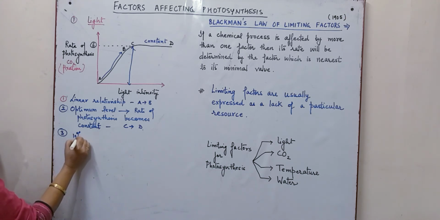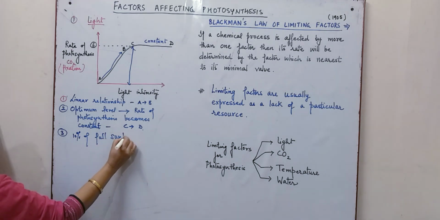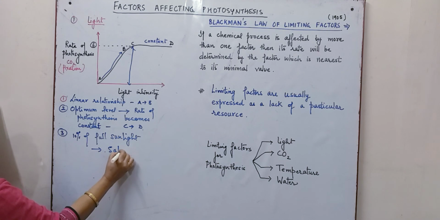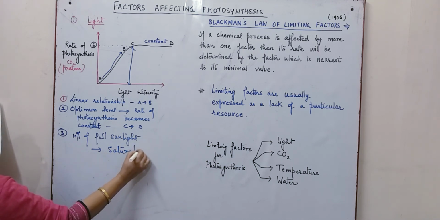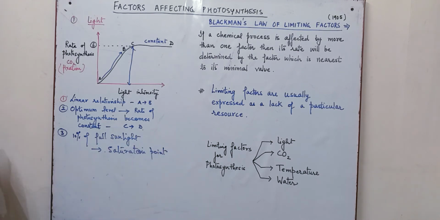So at 10% of full sunlight, the saturation point takes place. Beyond this, there is no change or increase in the rate of photosynthesis, and photosynthesis is at its maximum at that point.